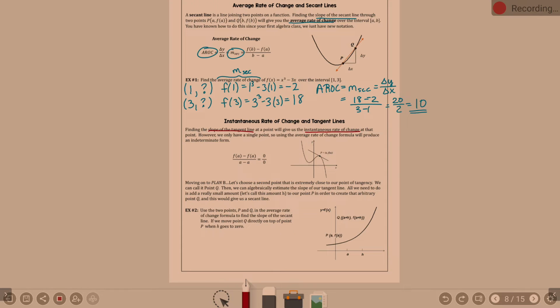Okay? So with that in mind, notice it says use average rate of change, yes? So we're going to use AROC.